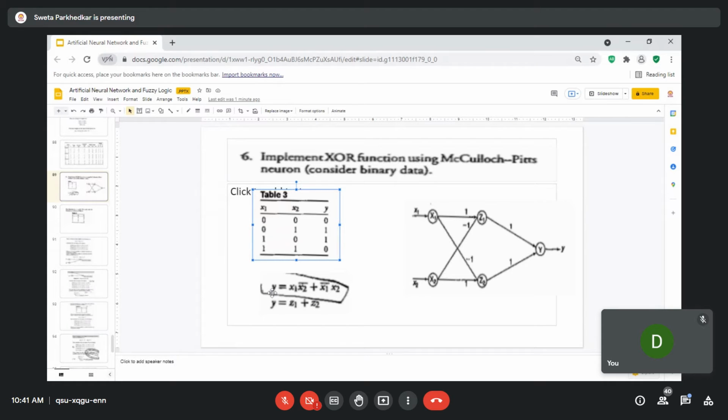So you should represent it by this: y is equals to x1 x2 bar plus x1 bar x2, or y is equals to z1 OR function z2. तो हमारे पास function 1 will be this one, where you will consider Z1 as X1, X2 bar, Z2 as X1 bar, X2, and the whole function, the third function will be Y is equals to Z1 ORing with Z2. ठीक है.